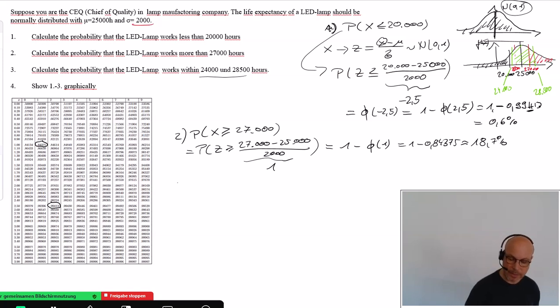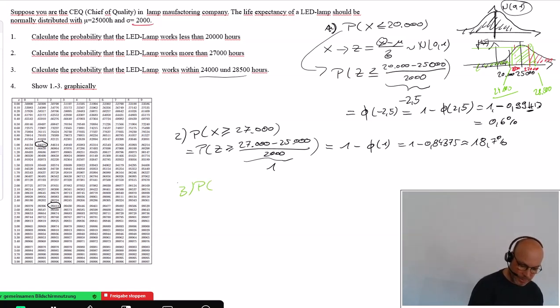And so this is just the probability from minus infinity up to 28,500 minus the probability up to 24,000.